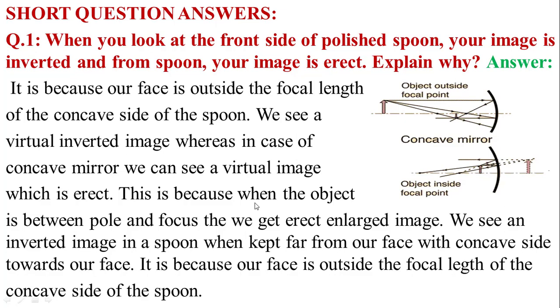We can see an inverted image in a spoon when we hold it with the concave side toward your face. It is because your face is outside the focal length of the concave mirror of a spoon. Now we can explain more for this question.